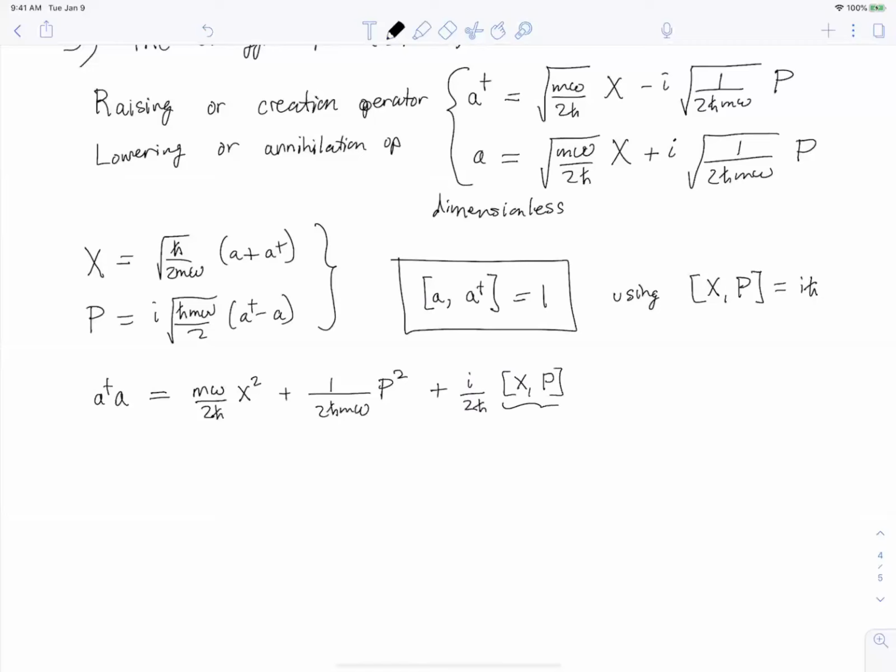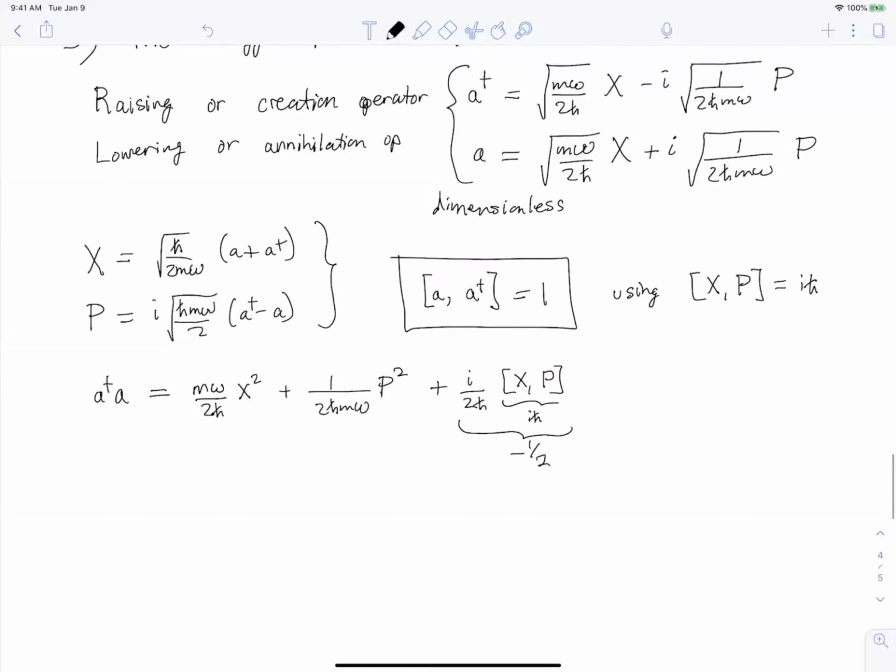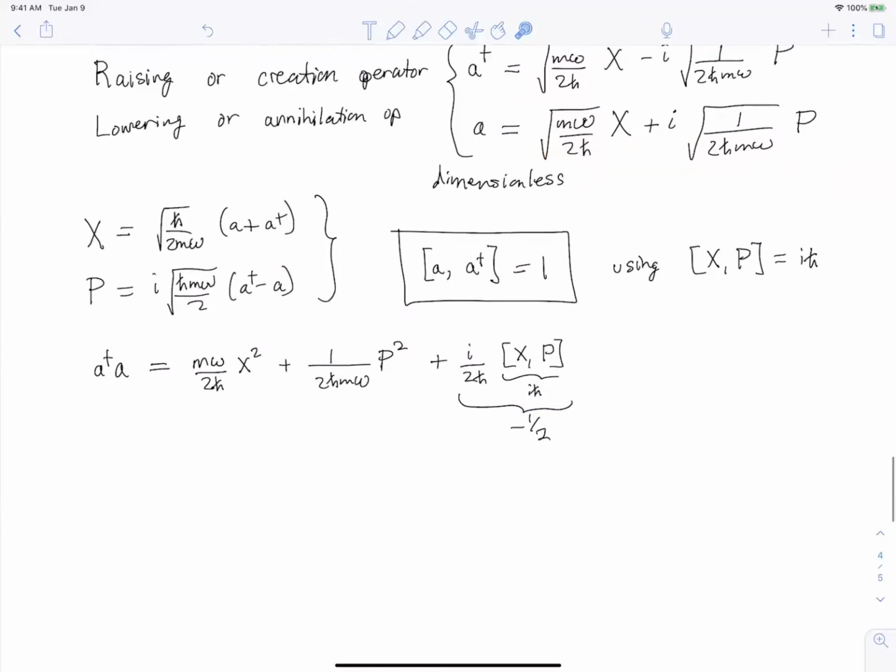But that we know is i h bar. And so this last term just comes out to be minus 1/2, which is kind of neat because it had x and p in it both, but the way these operators are defined is a conspiracy to make this thing not an operator, but a number, or really just a number times the identity operator. So that's one conspiracy.